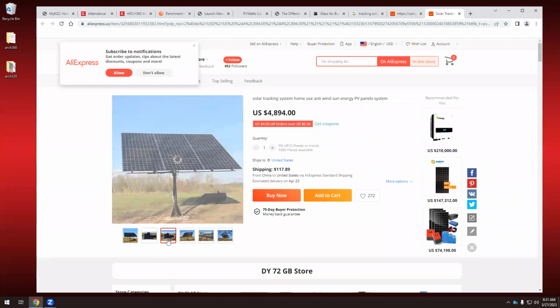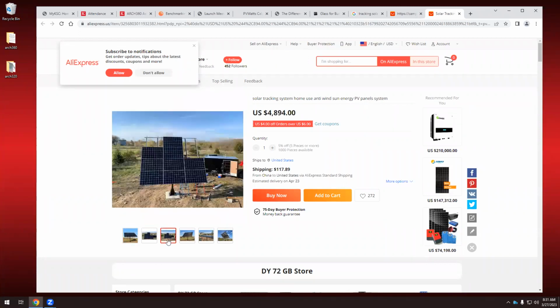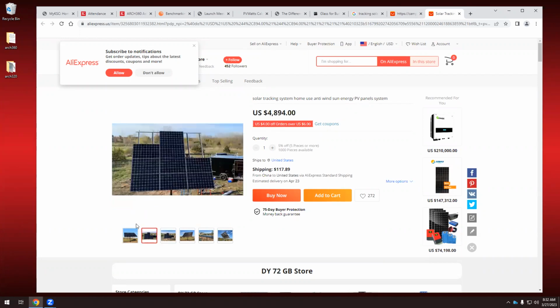Having this integrated in buildings, I don't mean that you can't do it, but I haven't seen this technology in buildings yet.